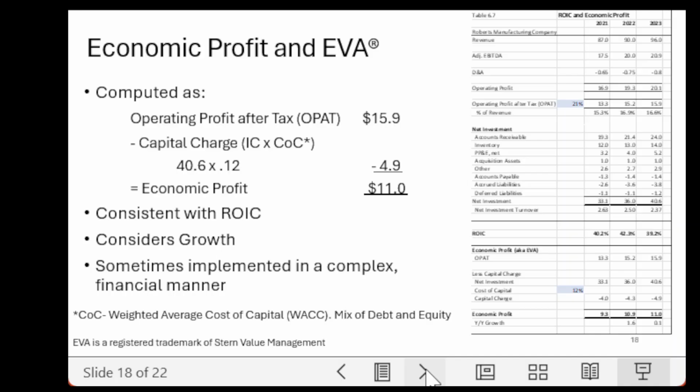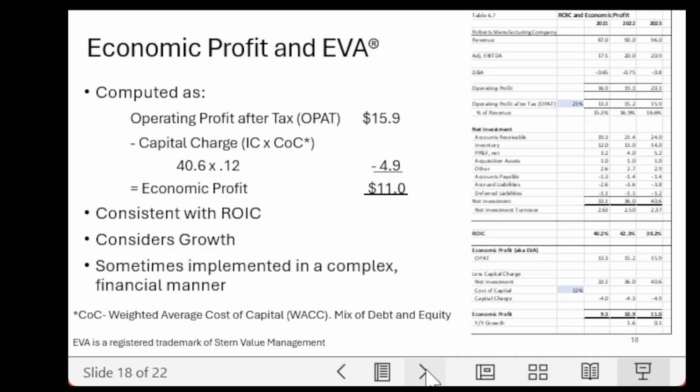And things like treatment of leases and other adjustments that sometimes make it very complicated for operating people to understand, especially when many have difficulty with basic financial models and terms, and then we complicate it a bit with a lot of adjustments or changes from the traditional accounting measures.